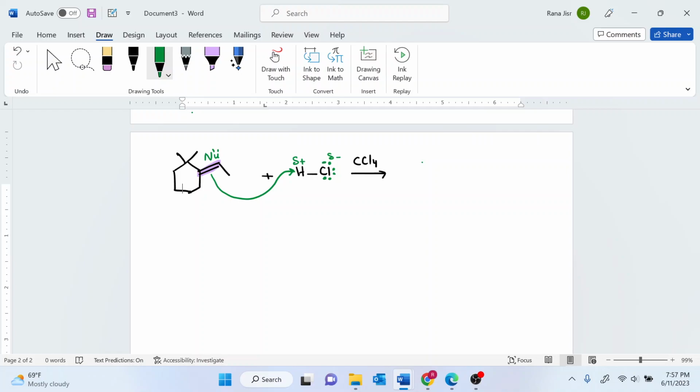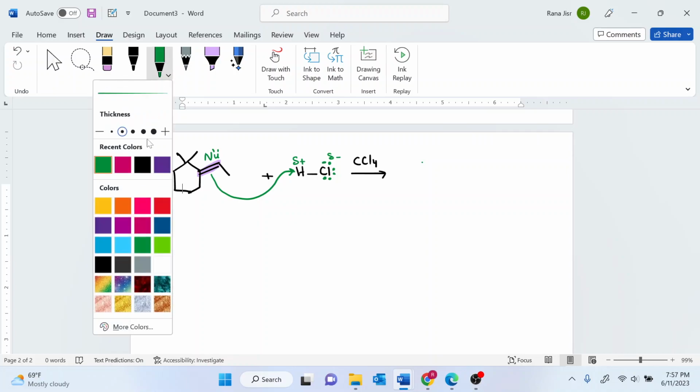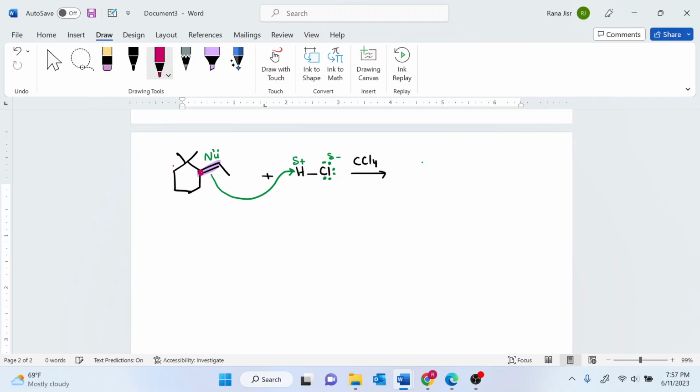Hydrogen always needs to be added to the less substituted carbon. So among those two carbons that I have here, this carbon is the less substituted one. The reason why it's less substituted is that this carbon is connected to one carbon, versus this carbon here is connected to two carbons. So it is the less substituted carbon.